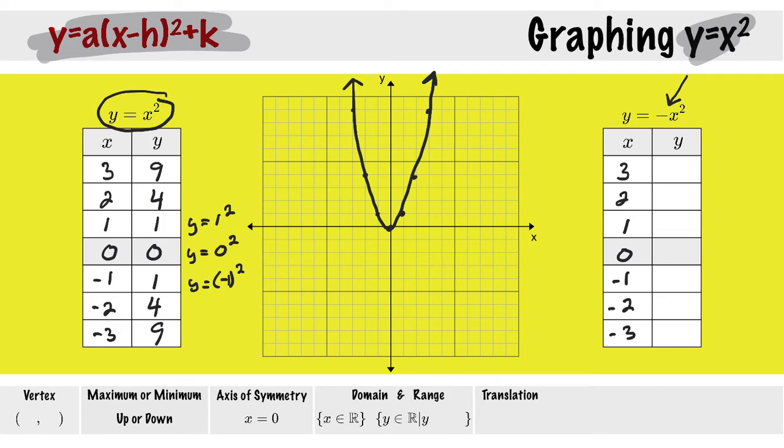But now when I sub in, it's slightly different. 0 squared is still 0. y equals negative 1 squared. Negative 1 squared is positive 1, but with the negative sign in front, it becomes negative 1.